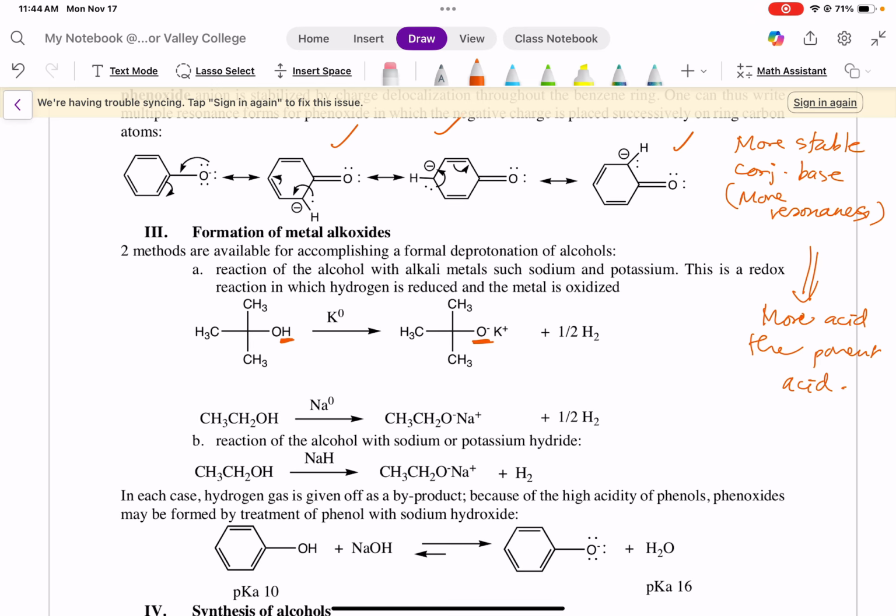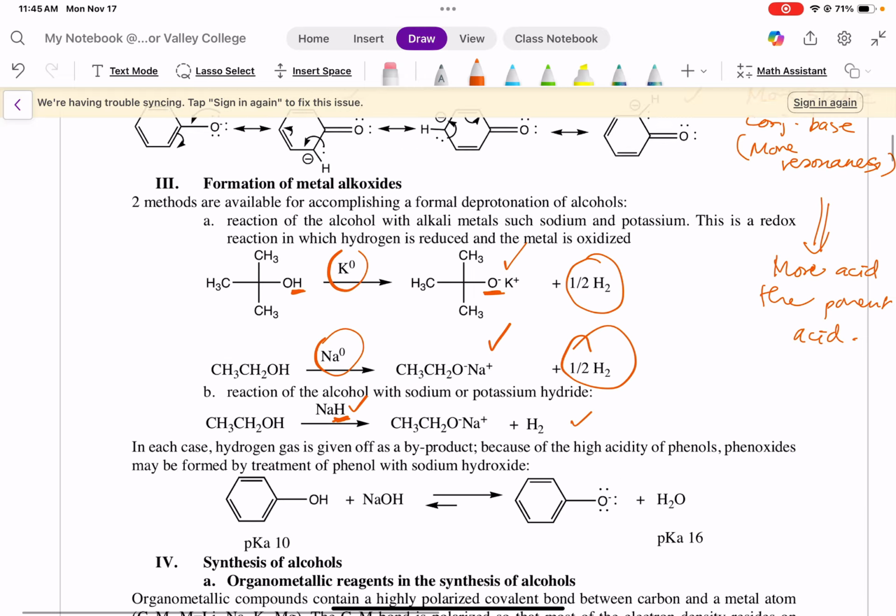Either we use a pure metal like potassium or sodium that donates the electron towards the hydrogen, turning it into hydrogen gas, and then the remaining part will be the alkoxide. Now, we can also use sodium hydride, because hydride is H minus. It grabs the hydrogen, becomes hydrogen gas, and leaves us with the alkoxide.